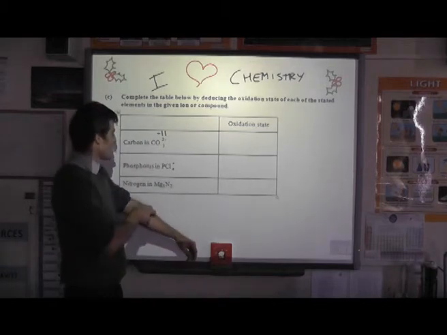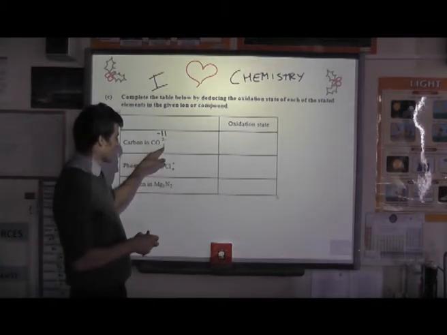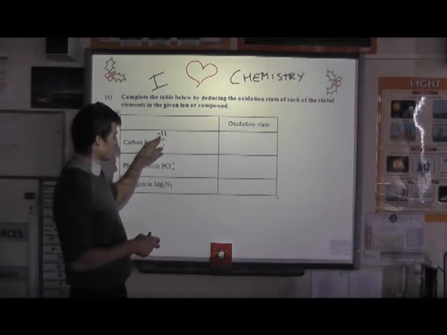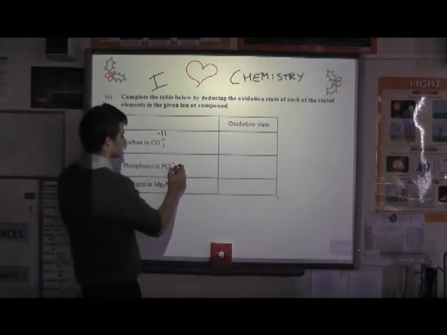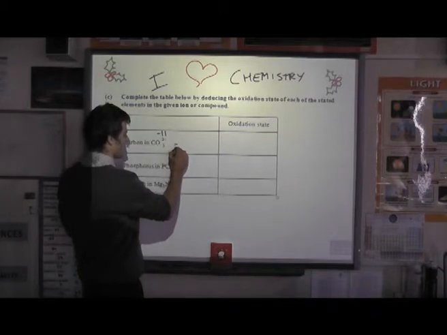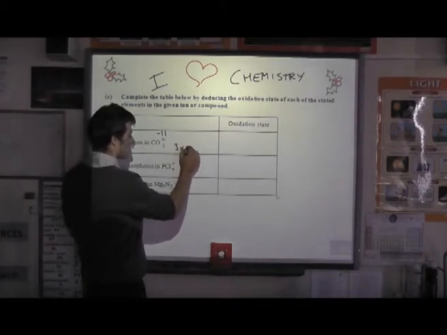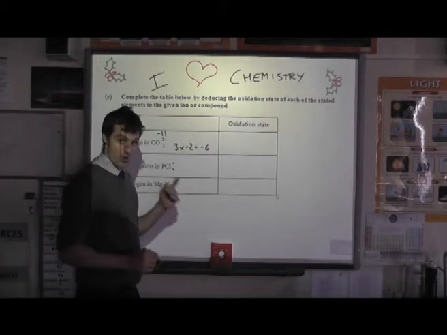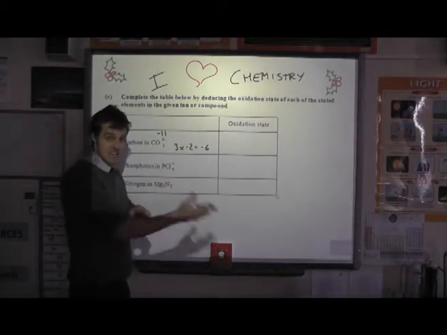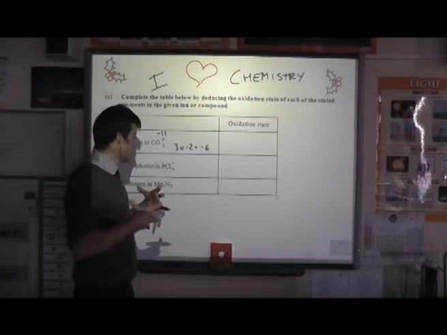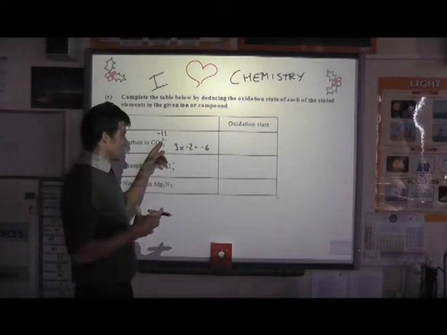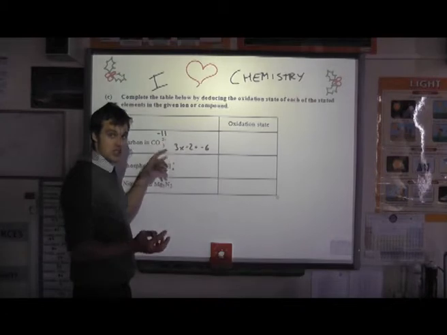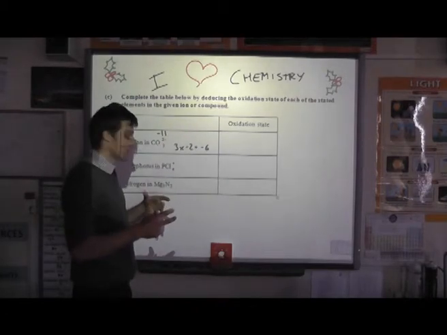Now we know there's 3 oxygens, and each oxygen has a -2 oxidation state. So 3 times -2 equals -6. But overall the ion is only 2- charge.